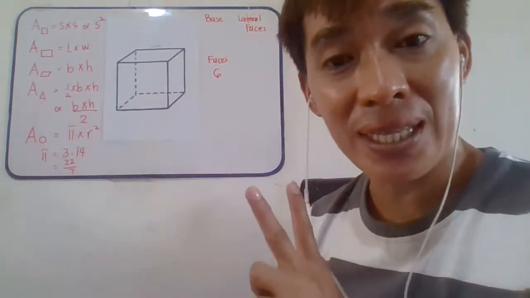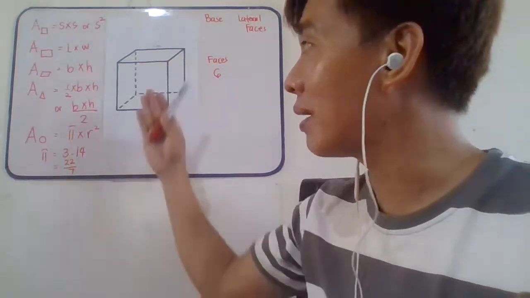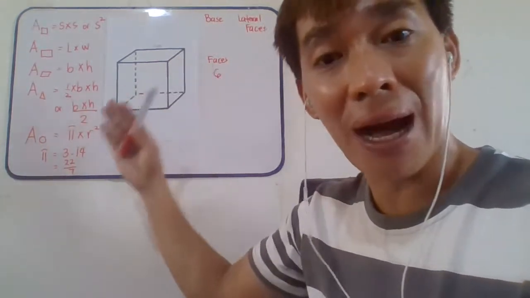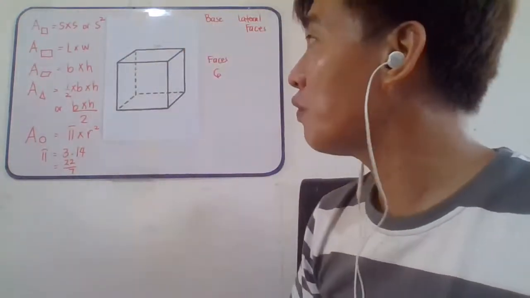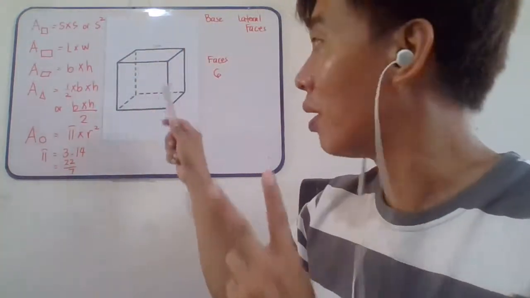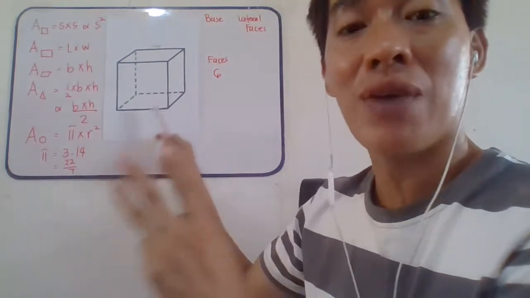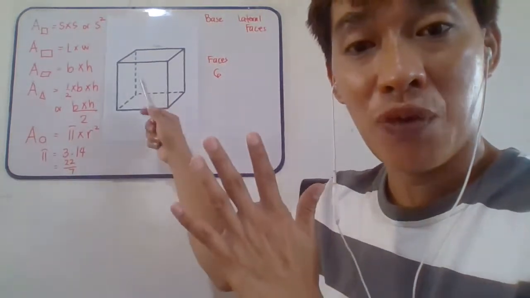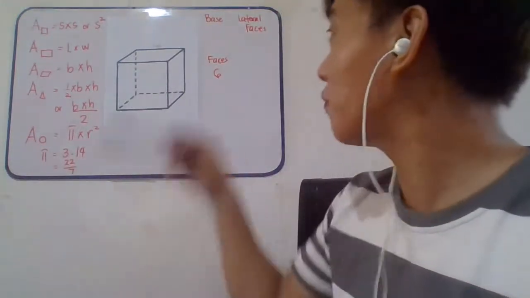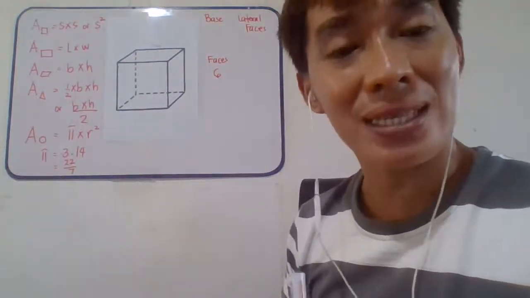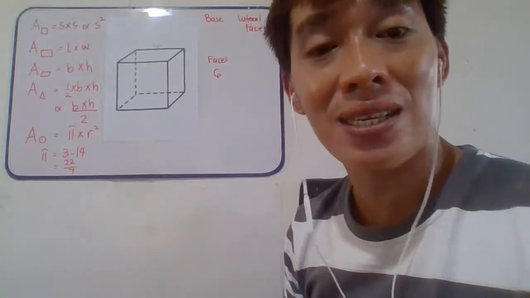And of course, we have the front and the back, also two. So if you count the top, bottom, left side, right side, front, and back, there are 6 faces. These are what we call faces or surfaces.